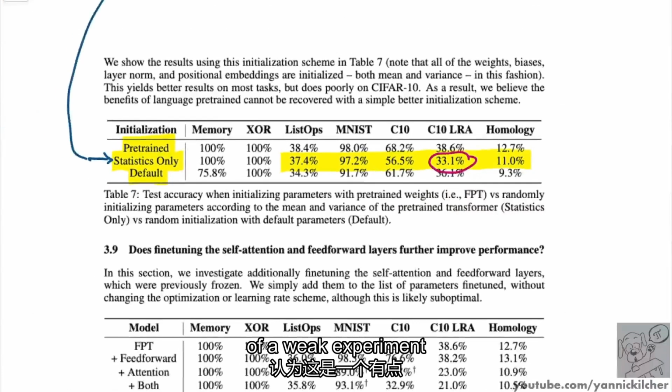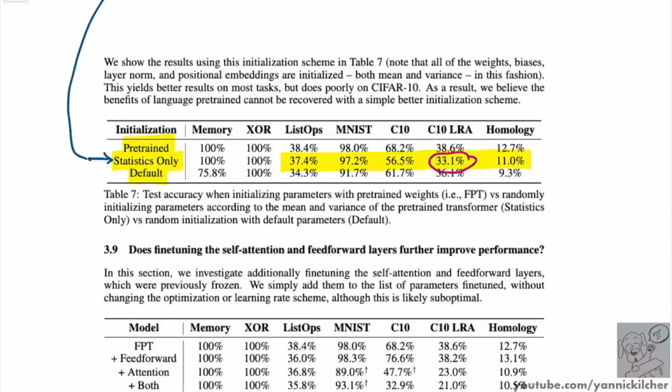However, I think that's a bit of a weak experiment, and I think there is still a possibility that we could initialize these transformers much better if we could correctly capture the essence of these computational primitives that are learned by gradient descent. I think if we can capture those in a theoretically sound way, we might be able to initialize.